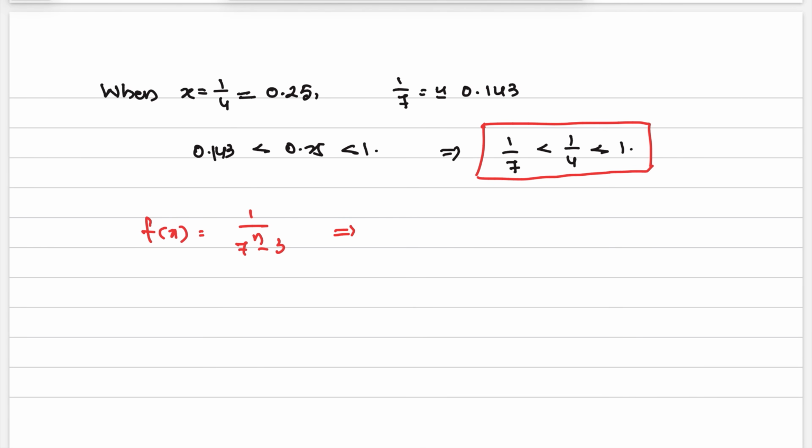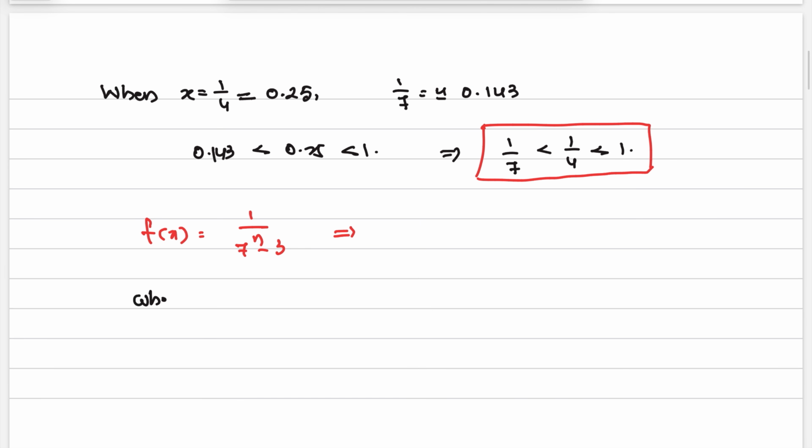That implies when n is equal to 0, what happens? Function x is equal to 1 by 7 to the power of 0 minus 3. That is equal to 1 by 1 minus 3. That is equal to minus 1 by 2.